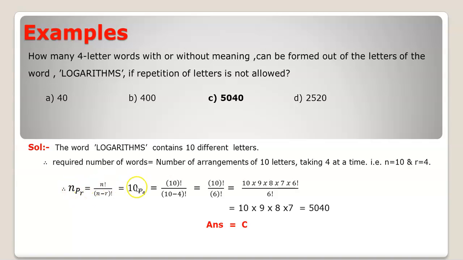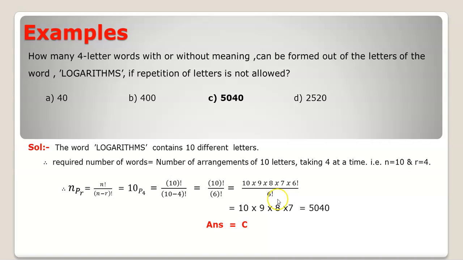Putting the values of n and r, 10P4 equals 10 factorial upon 10 minus 4 factorial, which is 6 factorial. 10 factorial is the continuous product down to 1, divided by 6 factorial.